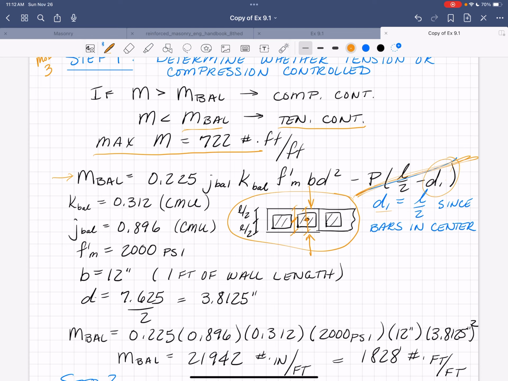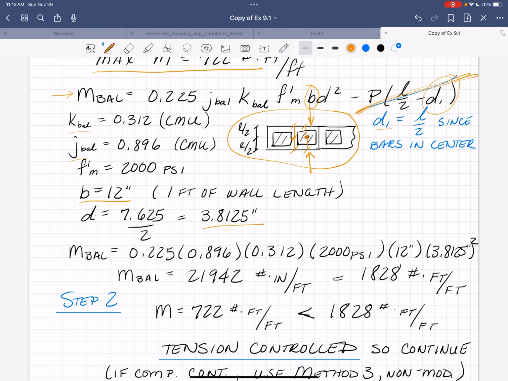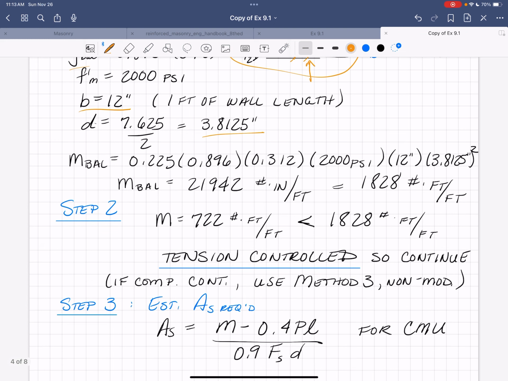Okay, if you go back into the handbook or the notes, we talk about the values for K and J balanced for CMU. We have per foot of wall length, so that's the B value in this balanced moment equation. We just talked about D being 3.8125. Now, for the balanced moment, I can run through that calculation.